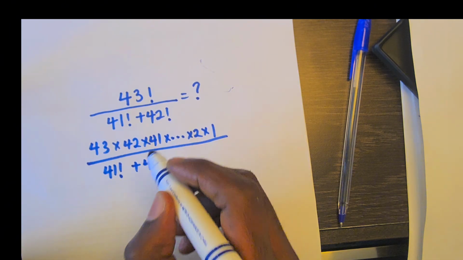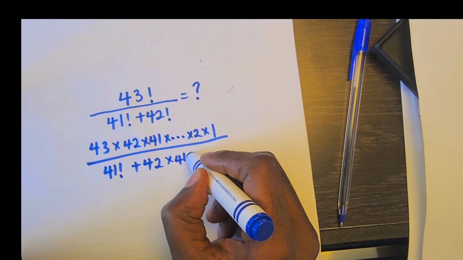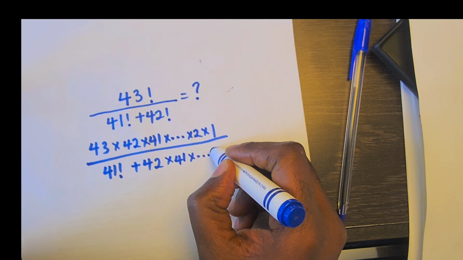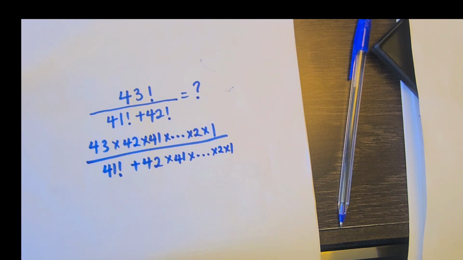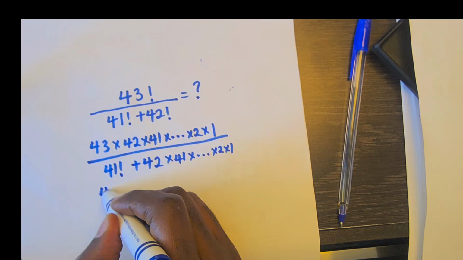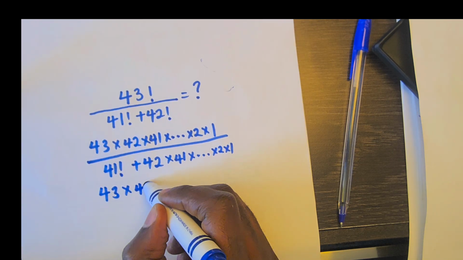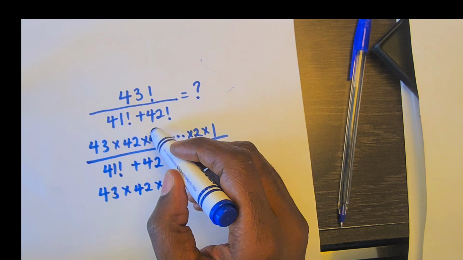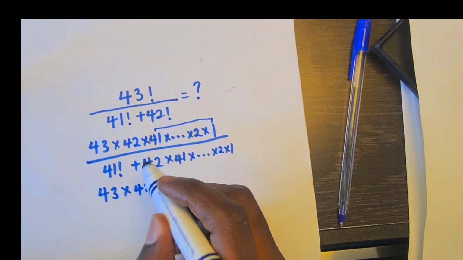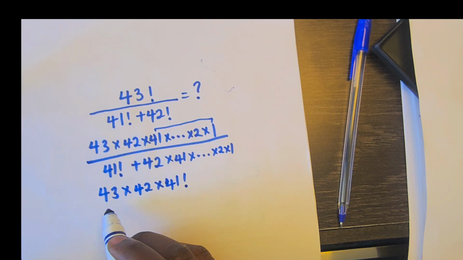Plus 42 factorial can be written as 42 times 41 times ... times 2 times 1. Now, based on what we have here, we can write this as 43 times 42 times, from here down here is the same thing as 41 factorial.